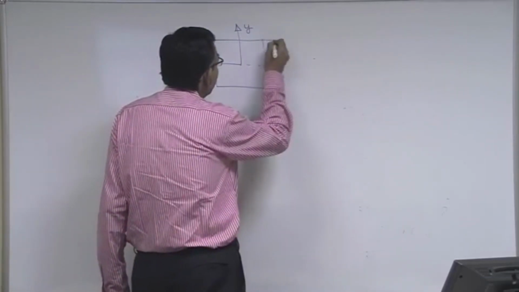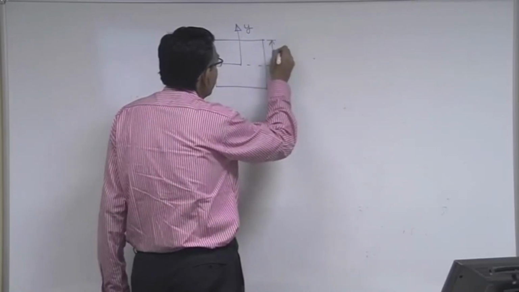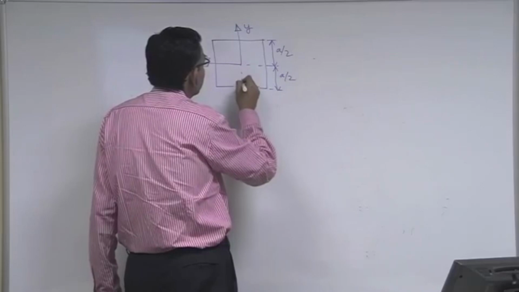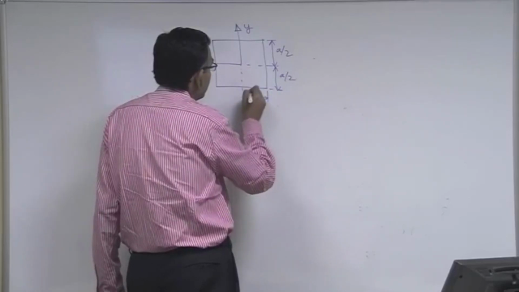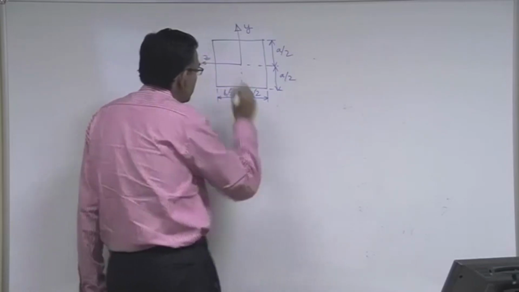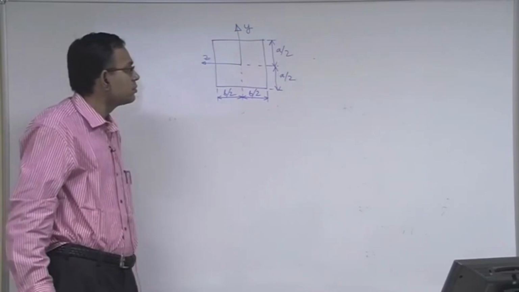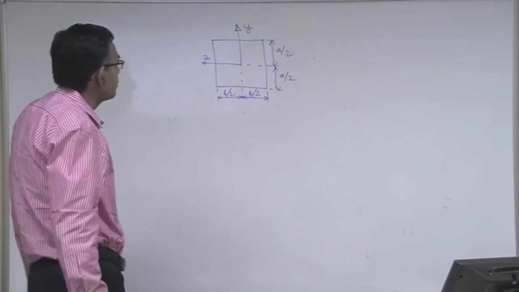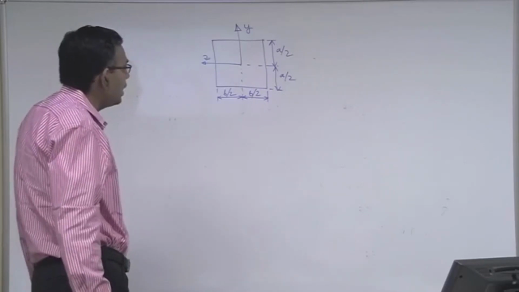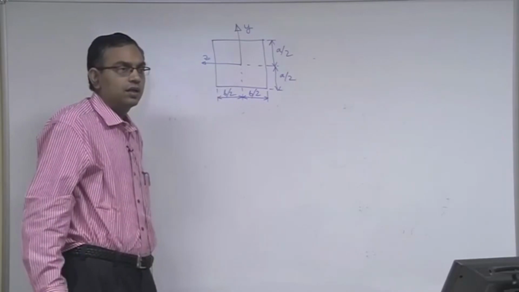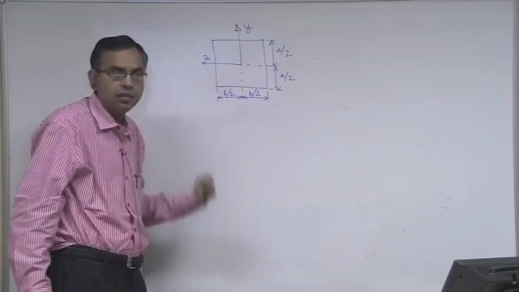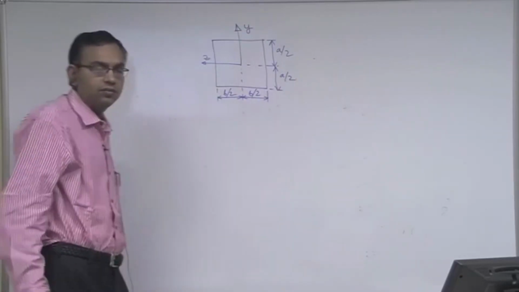Let us say that this is A by 2, this is A by 2, this is B by 2, this is B by 2, and we are interested to find out the velocity, the wall shear stress, the dimensionless wall shear stress or the dimensionless pressure drop, the standard parameters with which we are interested.